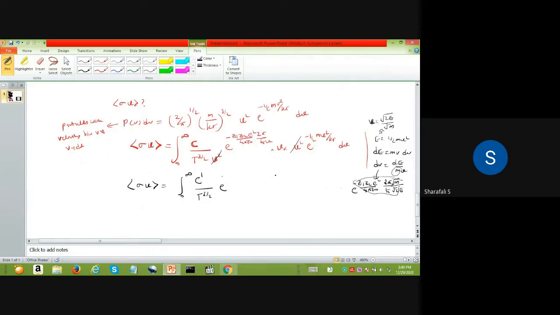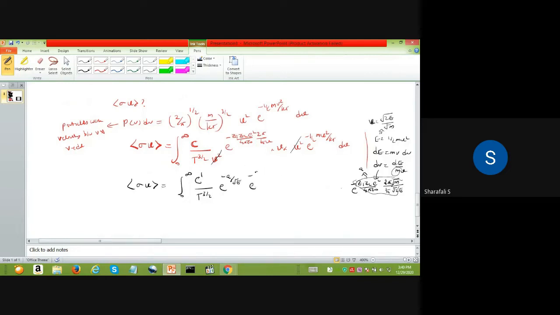This constant I am taking as a, except this minus. So that will come as minus a by root 2E. I will take that 2 also along with that constant, which gives me root 2E.